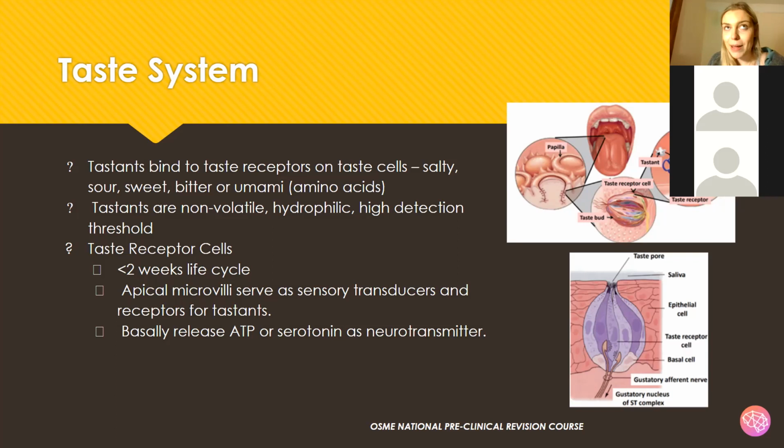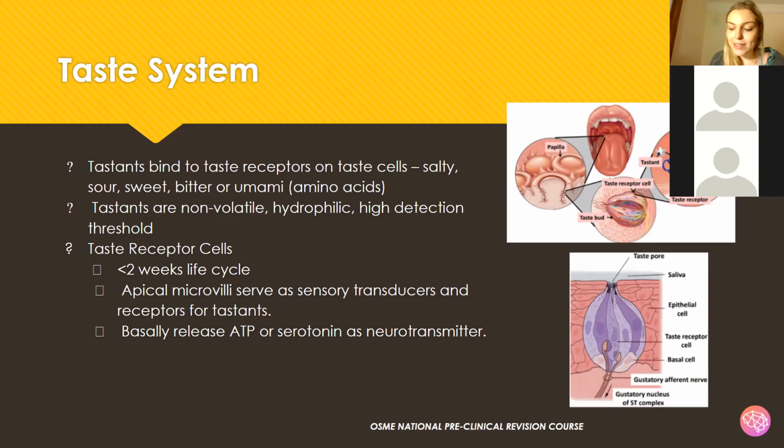If you even think about it now, you probably could taste something in your mouth. So we've got this basal release of neurotransmitter. Cool, okay. And there are multiple models for how taste receptors work, which again, if you have particular interest in this, you might want to go look at.